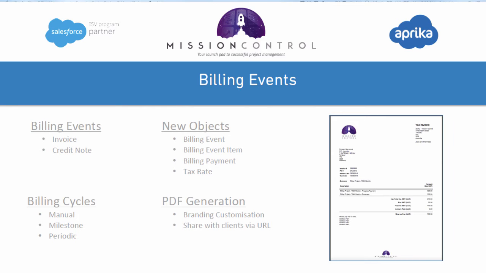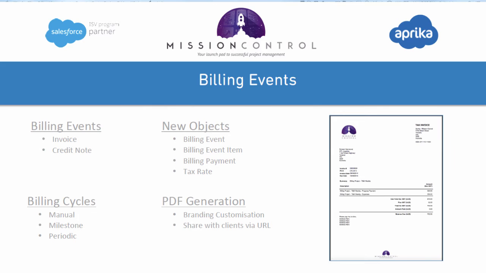A supporting object called tax rate has also been included, which contains the information relating to a specific tax rate that the invoice or credit note will be using. So this will support clients who operate in multiple countries and trade in multiple tax rates, for example Australian GST, US sales tax and British VAT.